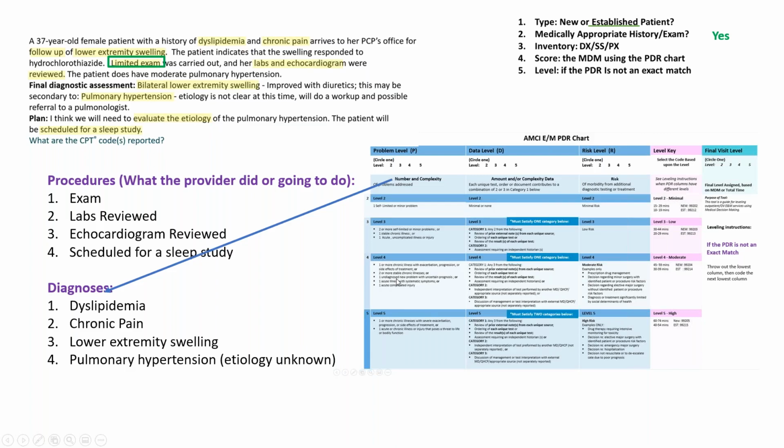We don't have an undiagnosed new problem. This new problem was diagnosed. We just don't know the etiology. We just don't know where it came from or what caused it. All right, one acute illness with systemic symptoms. Possibly, I believe that this pulmonary hypertension is an acute illness. It wasn't diagnosed before.